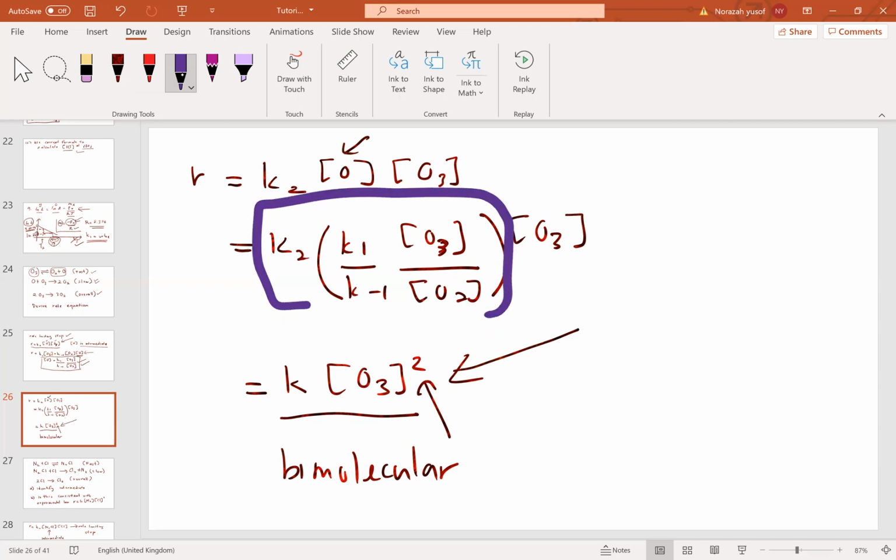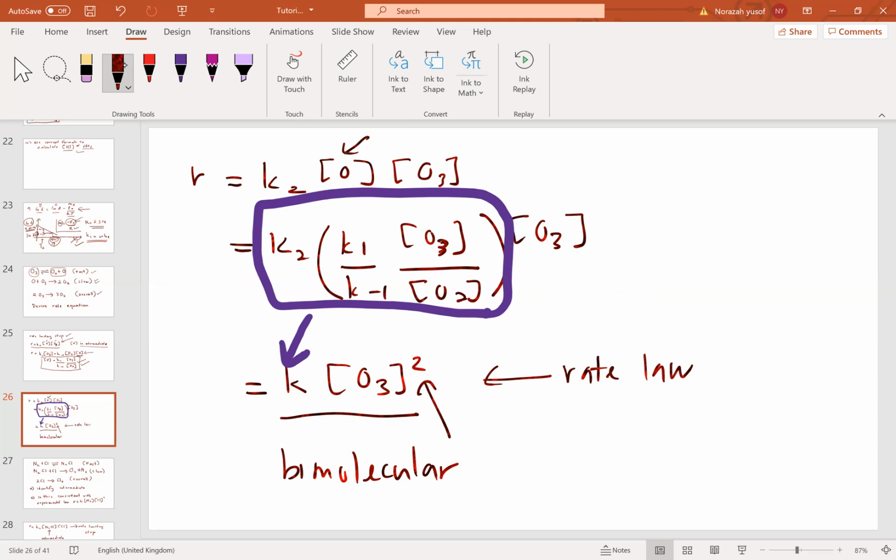This whole expression can now be lumped up into the final rate constant, which is K, right? So this is the final rate law equation for the overall reaction.